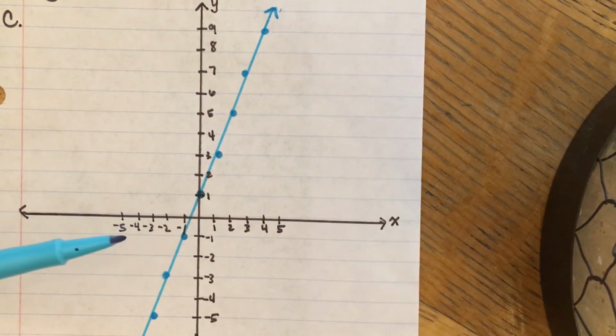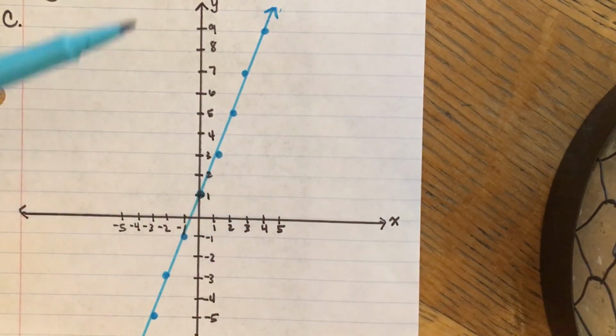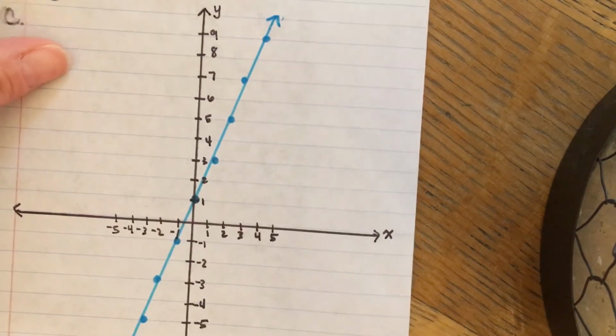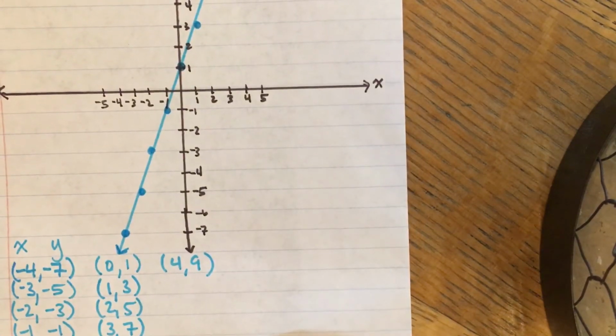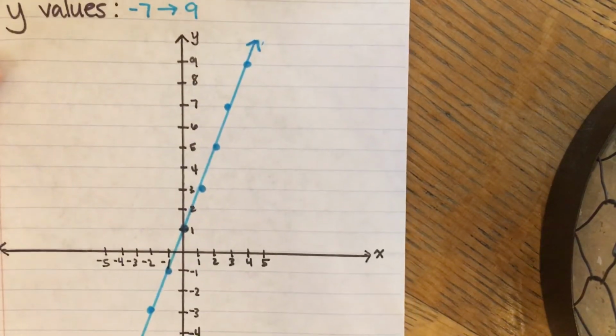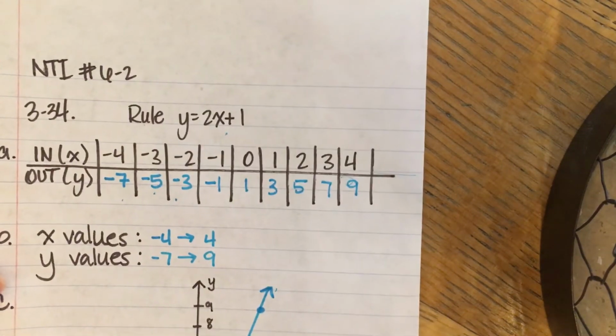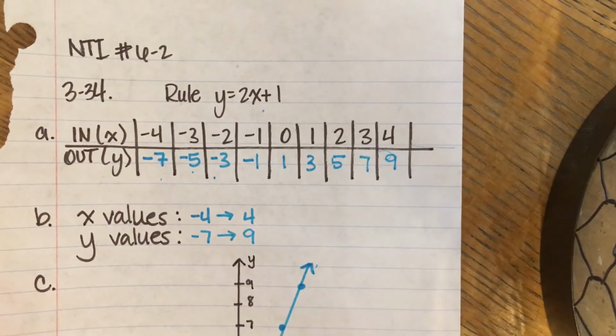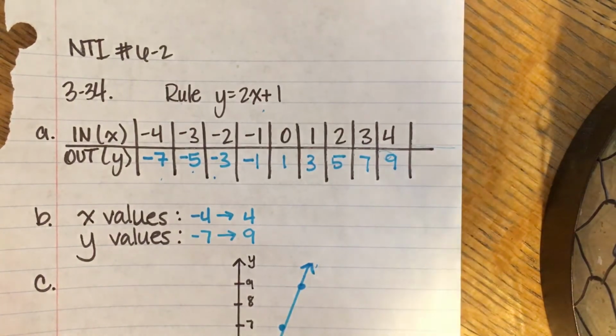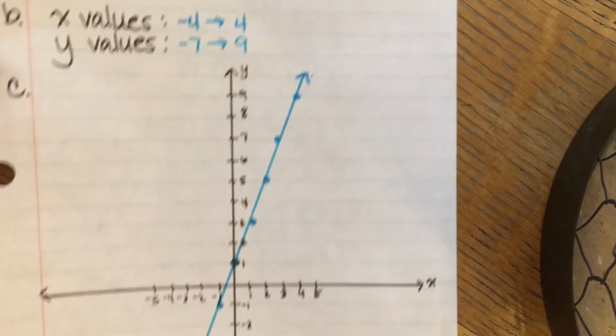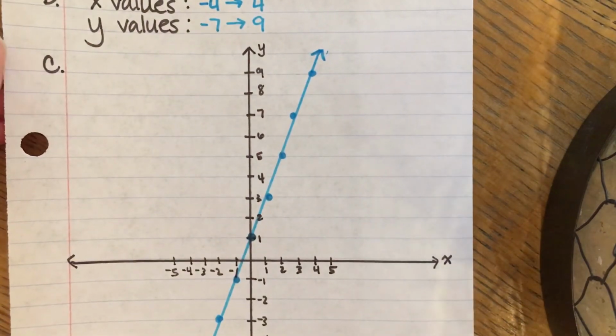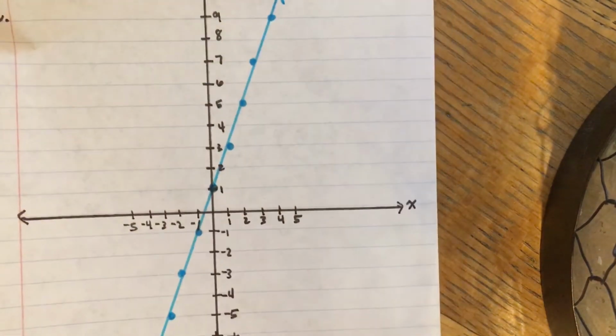And we only went up to -5, +5, and then here I went to 9, and here I only went to -7. That's fine. It doesn't have to be the same. And then you plot your points that you were given in your table, and then you're going to connect your points. And then your graph is linear. Linear means it's a straight line.